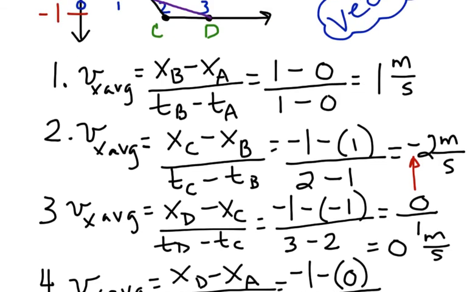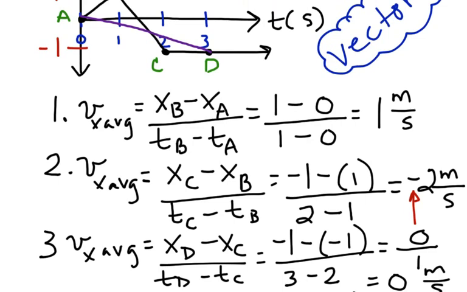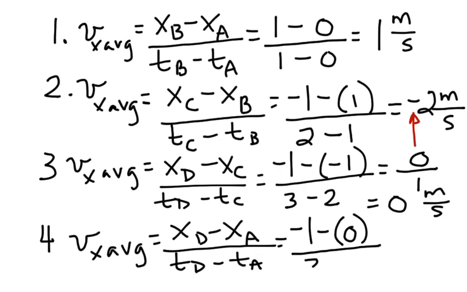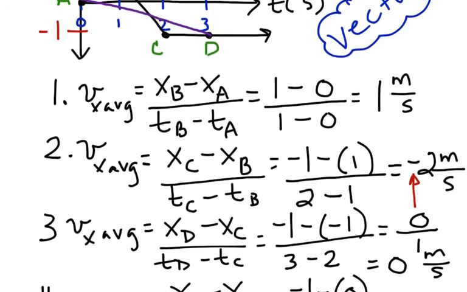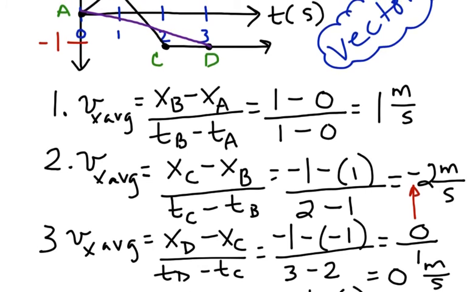The time at D is, what is that, 3 seconds? And the time at A is 0 seconds.